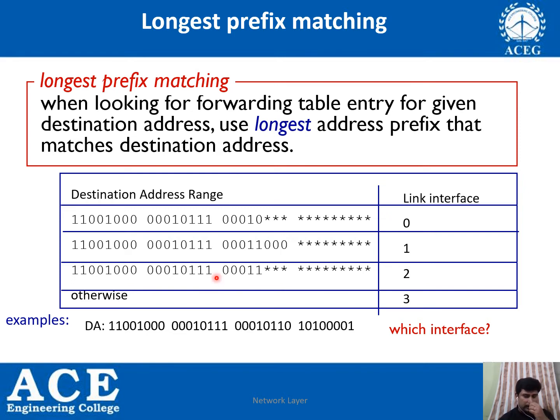For instance, I have just taken a simple datagram forwarding table with the destination address ranges as below. Look at this. The common portion for all those columns we refer to as the network ID, and the variable part will be called the host ID.